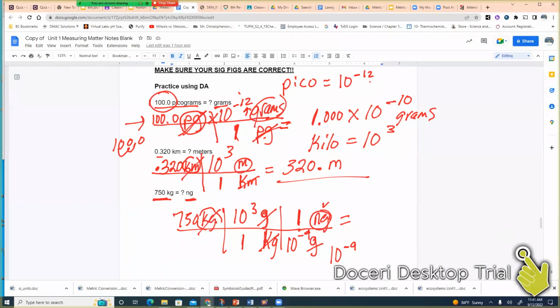As far as I know, if you have a number on the bottom that has an exponent on it, you have to put it in parentheses, but there may be another way of doing it. So we're going to have 750 times 10 to the third. And then you would get your answer for that and then come back and divide it by 10 to the negative 9, because that's what's on the bottom.